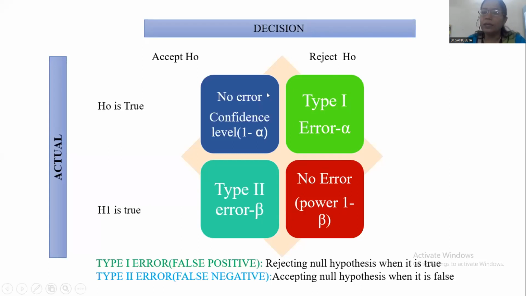Sometimes it happens that A and B in reality are both the same, but your study result shows that A is better than B. We are saying both are the same in actual. In real, both are just the same, but when you do a study, you prove that one is better than the other. You are rejecting a null hypothesis when it is true.